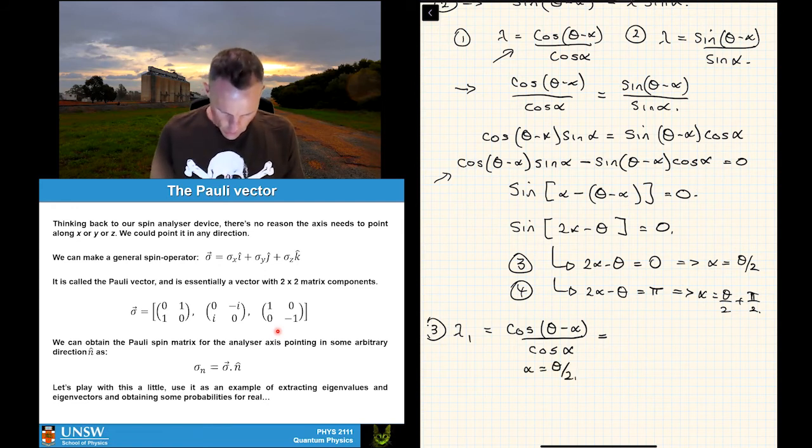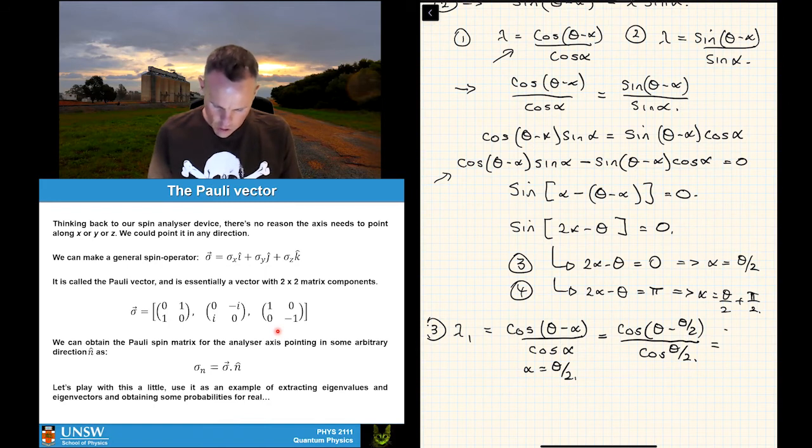Okay, so what we would have is cos theta minus theta on 2 on cos theta on 2. And of course, this thing at the top is basically just cos theta on 2 on cos theta on 2. And this is just plus 1.